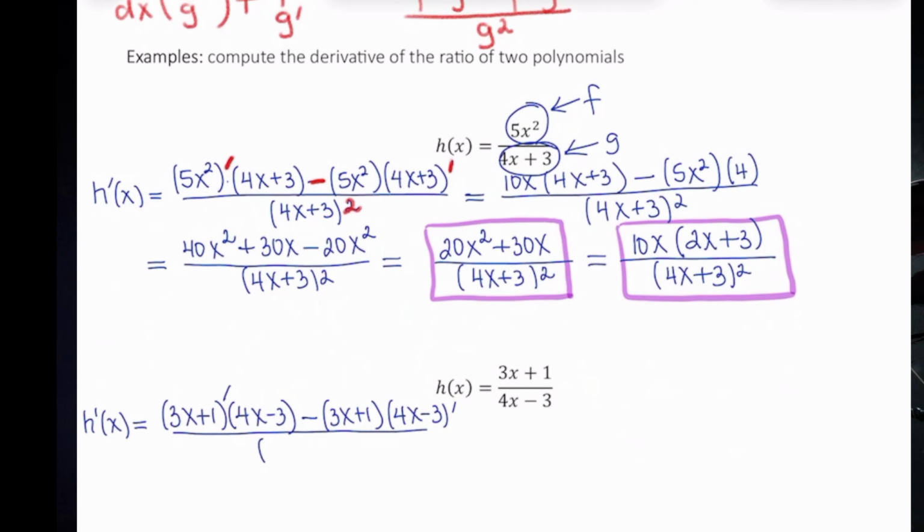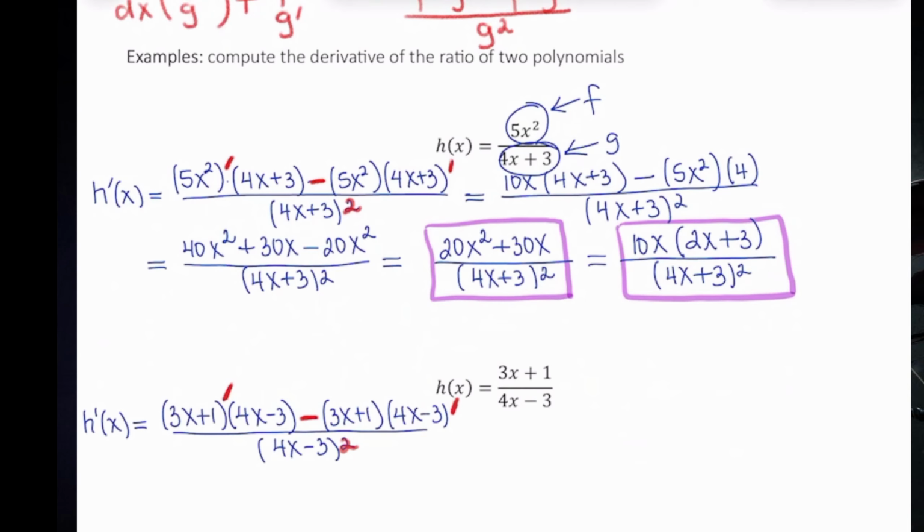We're going to divide this by 4x minus 3 squared. Let's check all the important components. Here are the primes. Here is the negative sign right here, and then squared.